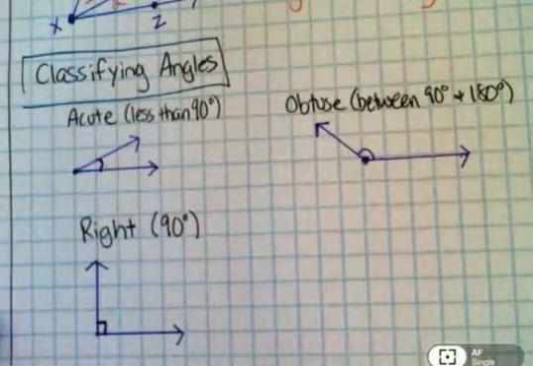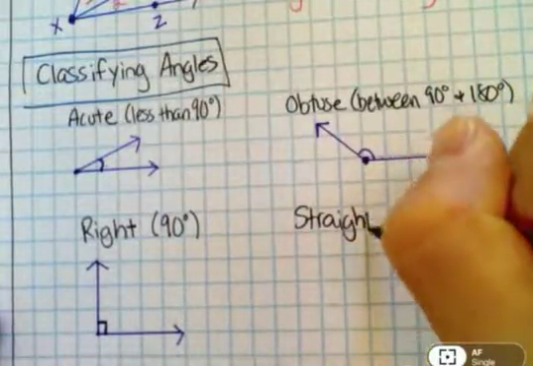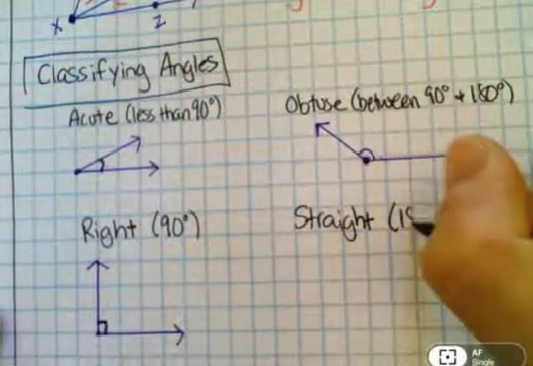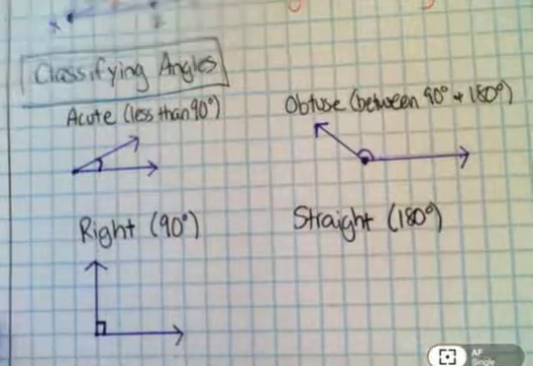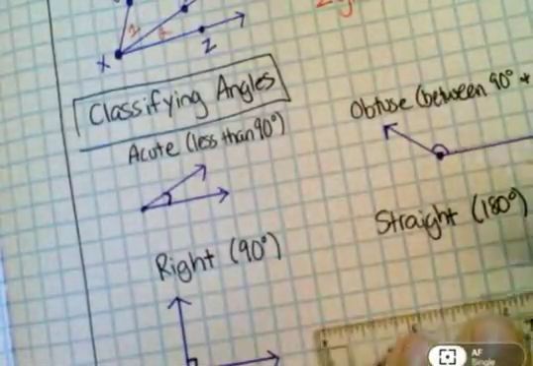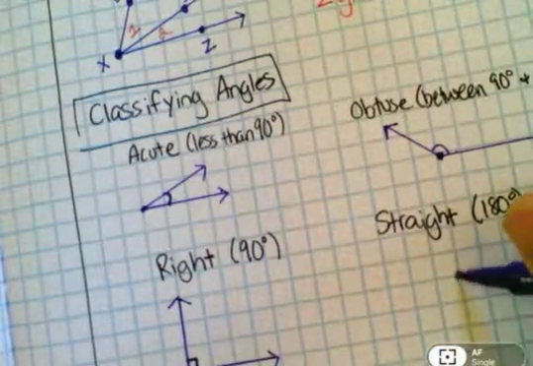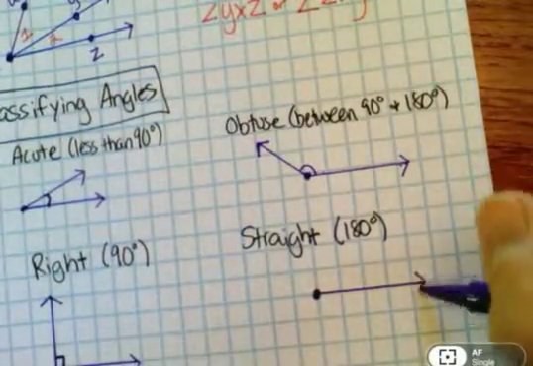And then there's something else called a straight angle. And a straight angle is 180 degrees, and it doesn't look like an angle at all. It actually looks like a line. But if we create a ray here, there's our end point. You can't see. Okay.